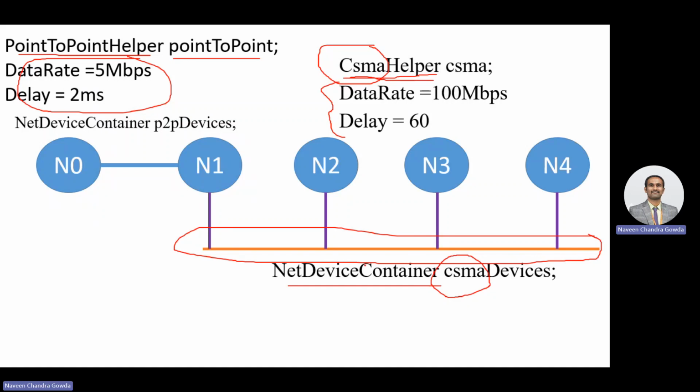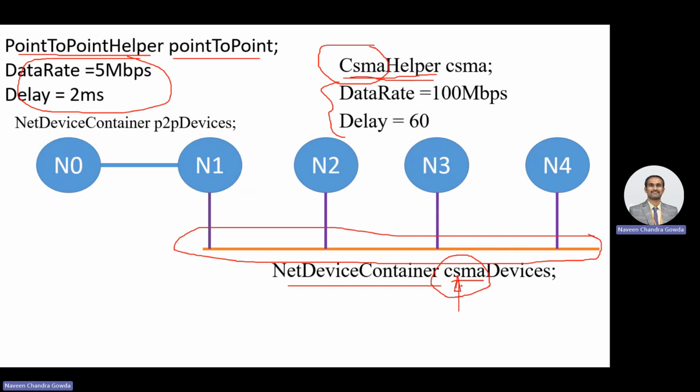For the bus topology, we are applying CSMA. What is CSMA? Carrier Sense Multiple Access. The name itself says that before any node can access this carrier, which is the bus link, it has to sense. That is what S stands for.